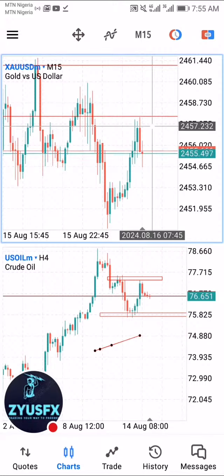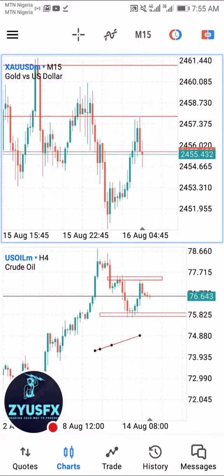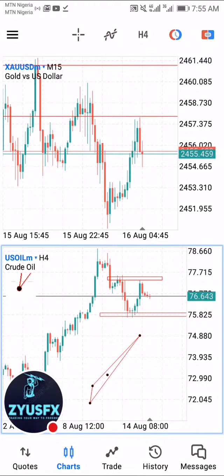So let's be patient. Remember, trading is 90% waiting and planning, only 10% execution of that plan. So if you are really serious about quitting your 9 to 5 job and trading for the longer term, this is how you need to be trading.